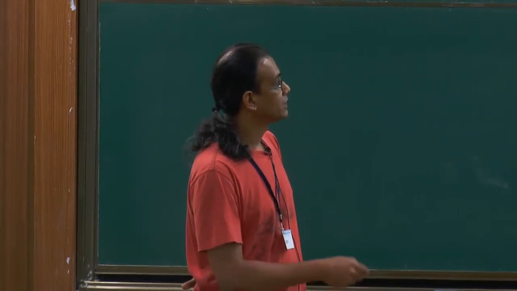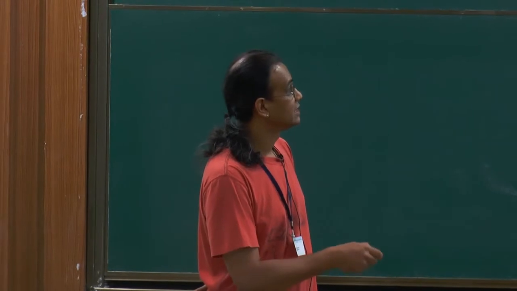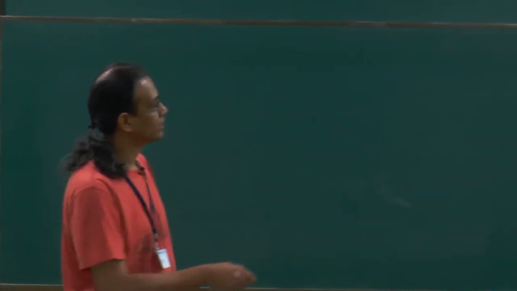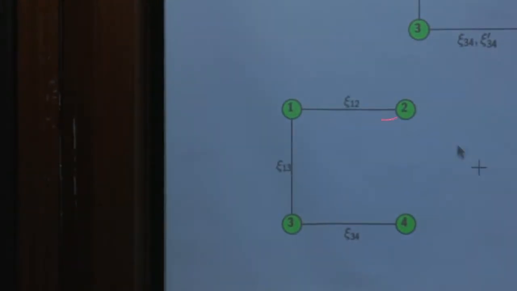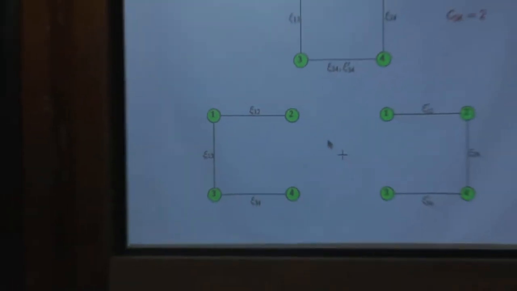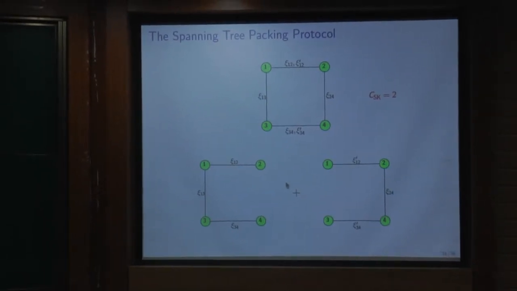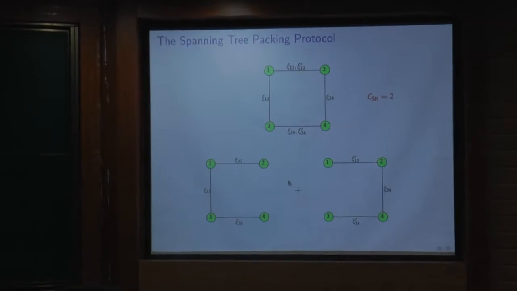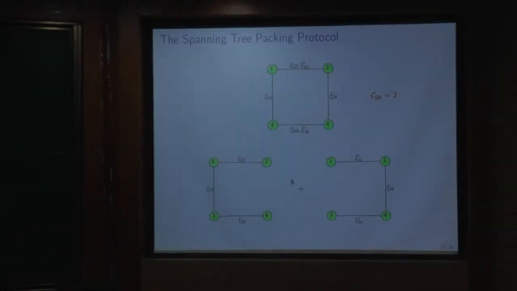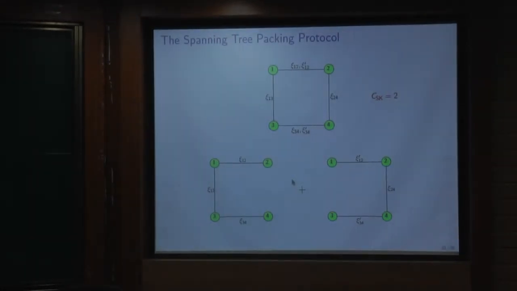I will break this up into a pair of spanning trees. This PIN model is basically a disjoint union of these 2 PIN models. These are now trees, and on each of these trees I can use communication to generate 1 bit of secret key. So there are 2 trees, and I can generate 1 bit of secret key using each of these trees.